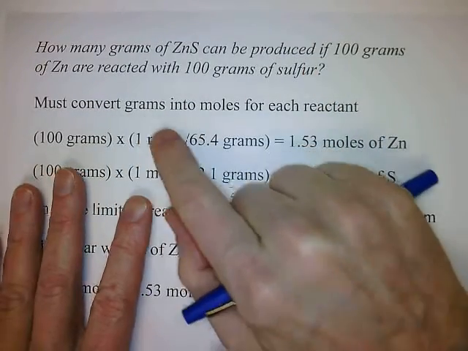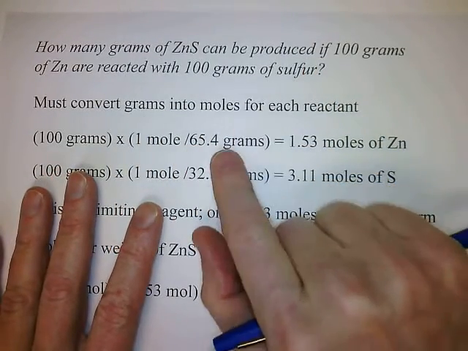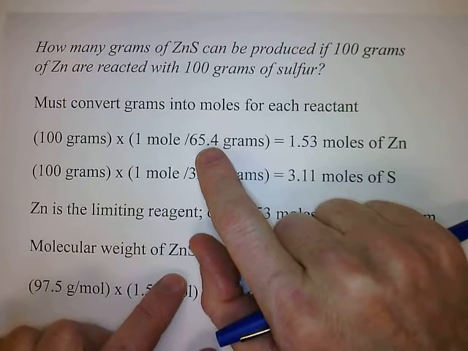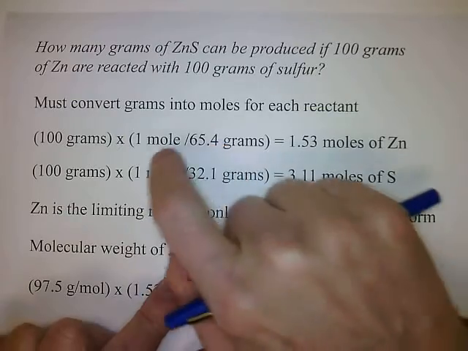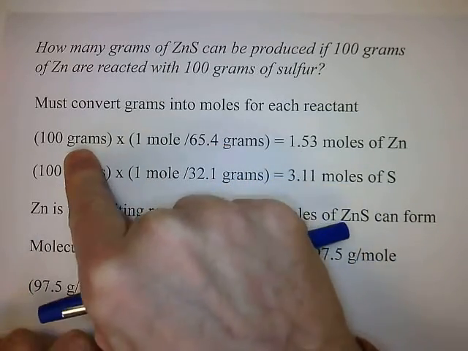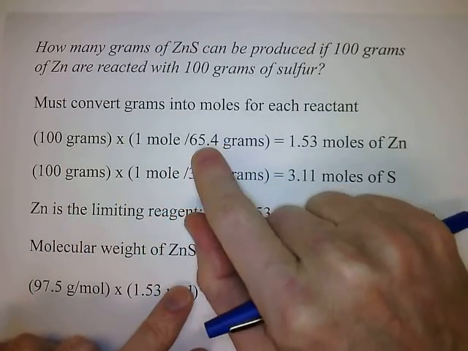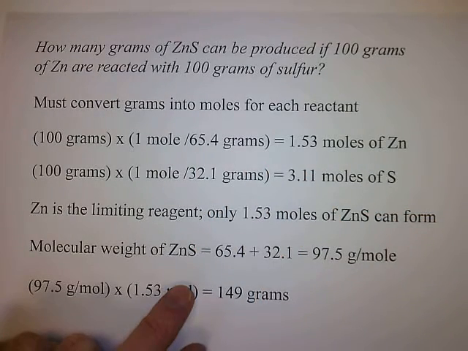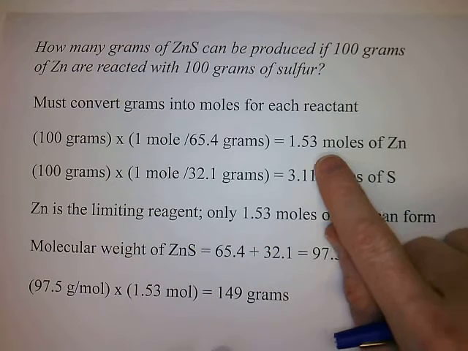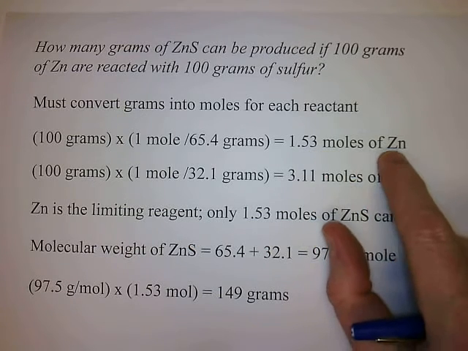So you find zinc on the periodic table. It's a transition element, the last transition element, and it's 65.4 grams per mole.